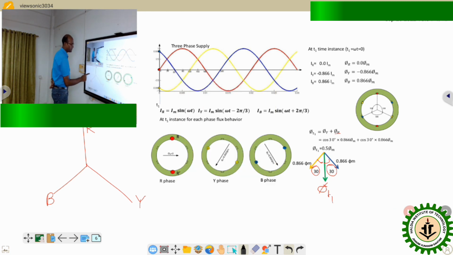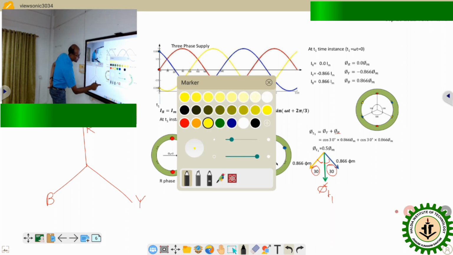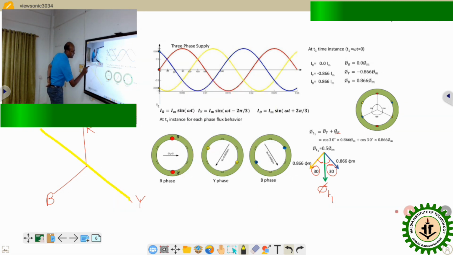Suppose R phase value is 0, so in case of Y phase, the Y phase axis is towards that direction. So if it generates flux, that flux distribution is towards this.